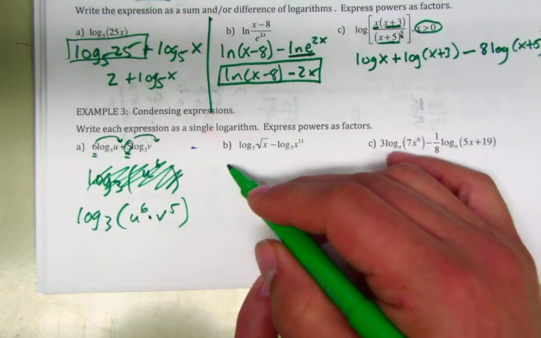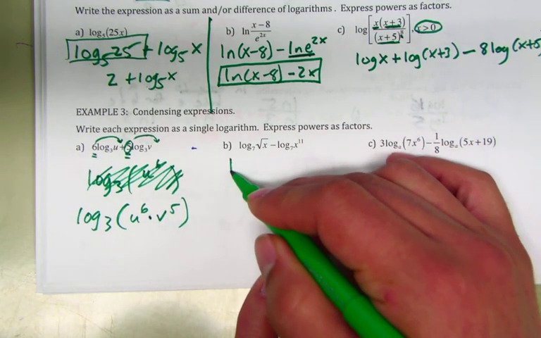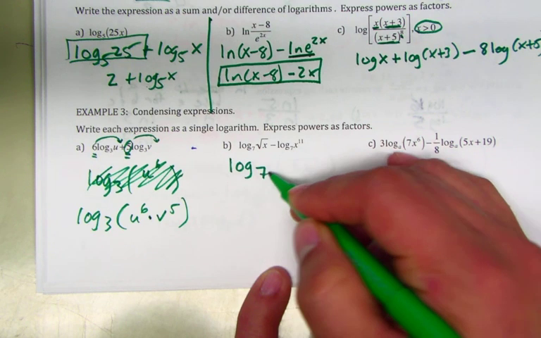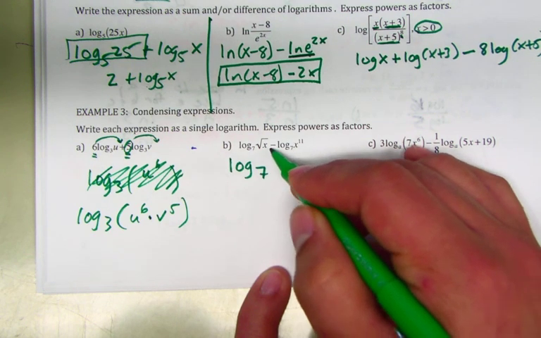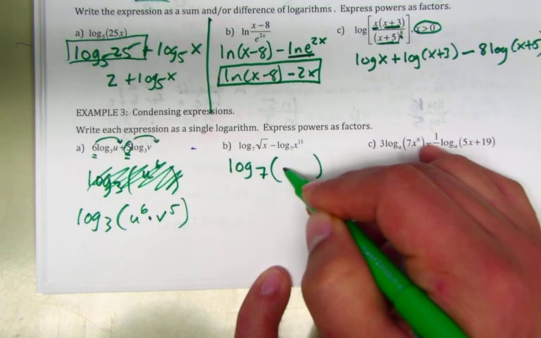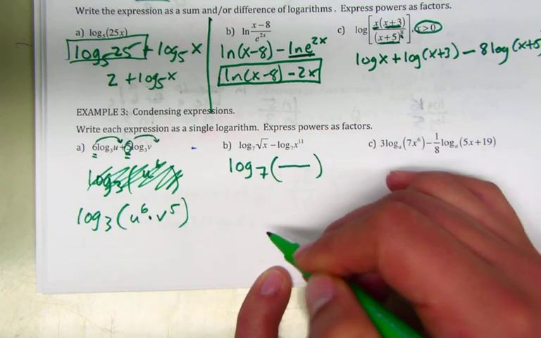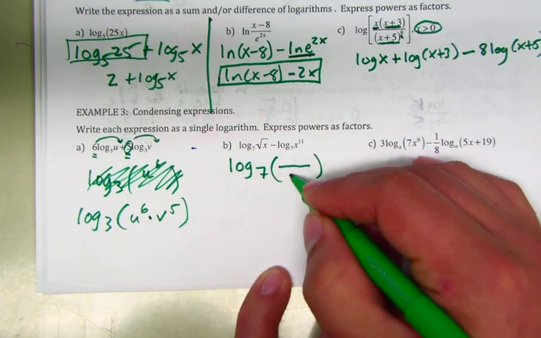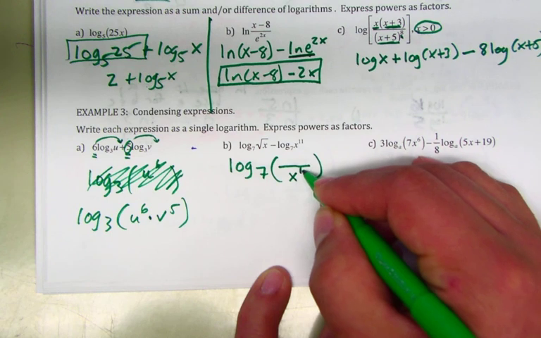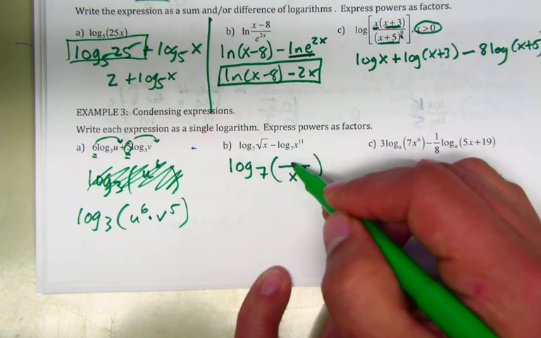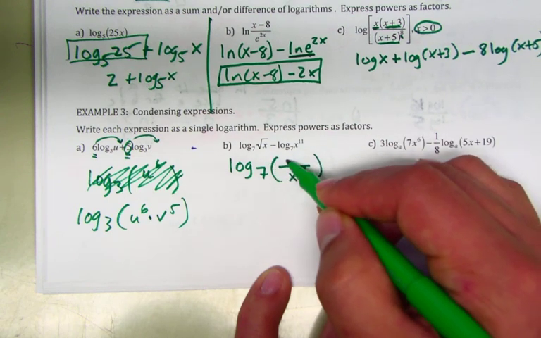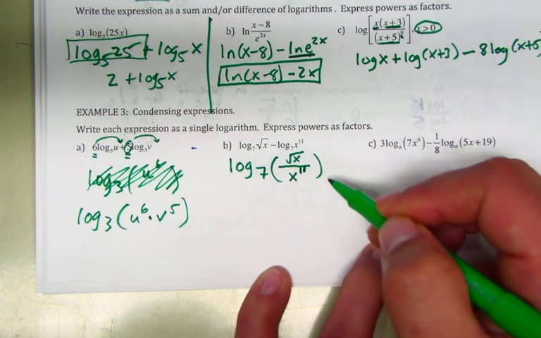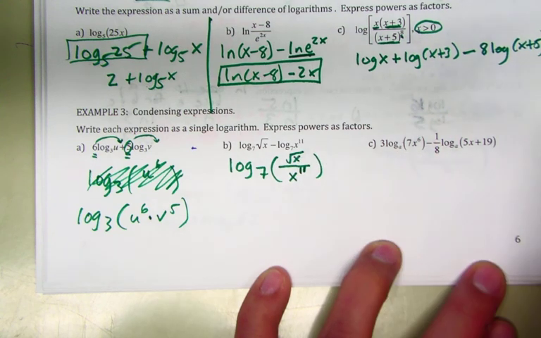All right, let's do this one. Log base 7. This one is subtraction, so I am going to divide. On the bottom is x to the 11. And up here we have square root of x. Express powers as factors. So half.